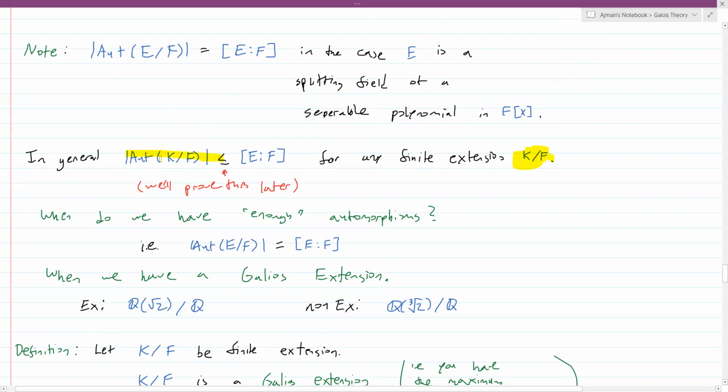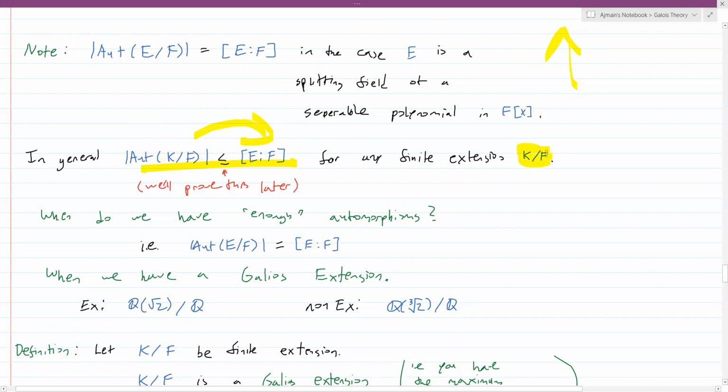But in those cases, we cannot claim that the automorphism group of a finite extension is equal to the degree, because sometimes you won't have enough automorphisms for it to be equal to the degree. But in the case of a splitting field, it is equality.